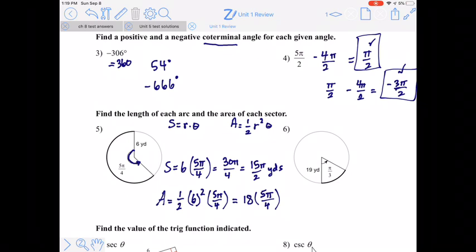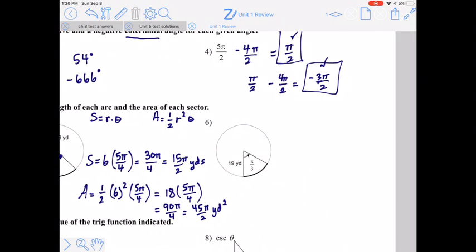So then we have 90 pi over 4, which is 45 pi over 2 yards squared. That would be the area.